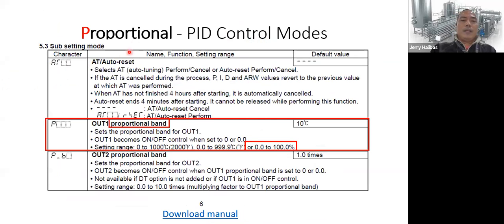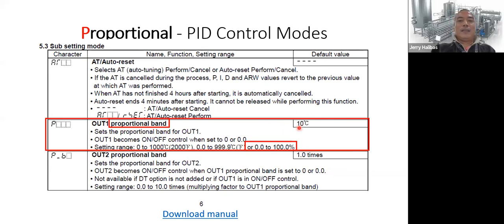So, we review. Remember our auto set, auto tune. This time, we go now to the P. P now means not proportional gain but rather proportional band. Take note, it is proportional band, which is inversely proportional to the proportional gain.